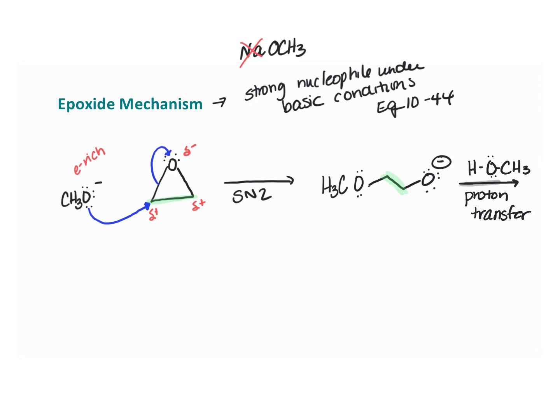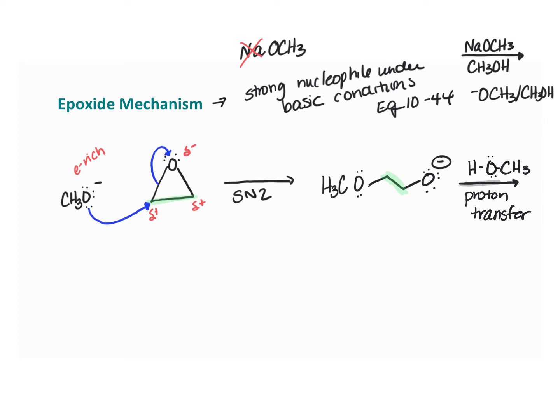You'll notice over the arrow on the previous slide that it showed NaOCH3, and then it shows CH3OH. These two, when we look at them, are OCH3 and CH3OH. These are conjugate acid-base pairs.